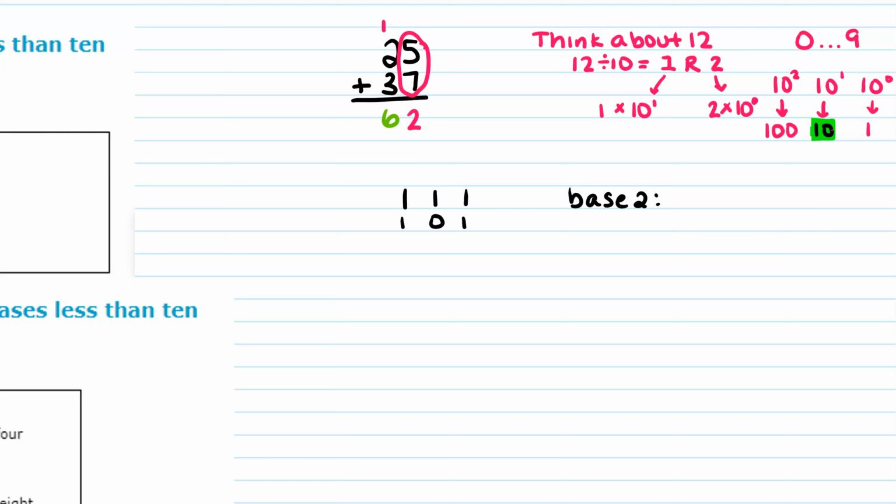So the digits that are allowed are 0 and 1, and the place values, 2 to the 0, 2 to the 1, 2 to the 2. I don't think we'll need more than that, but we'll do 2 to the 3. So 2 to the 0 is 1, 2 to the 1 is 2, 2 squared is 4, and 2 cubed is 8. So keep those in mind.